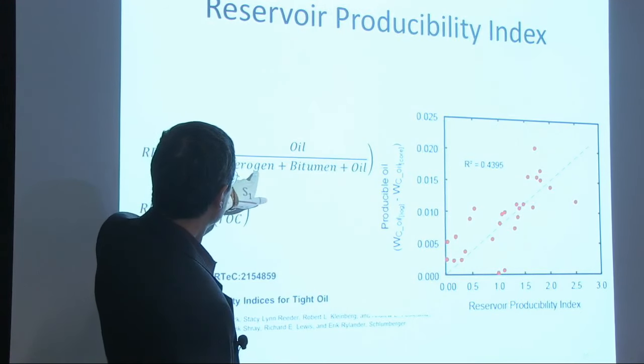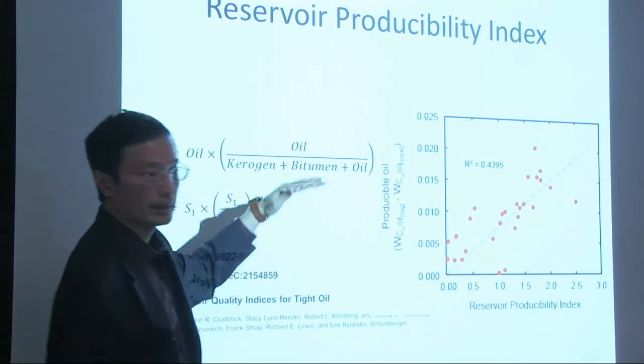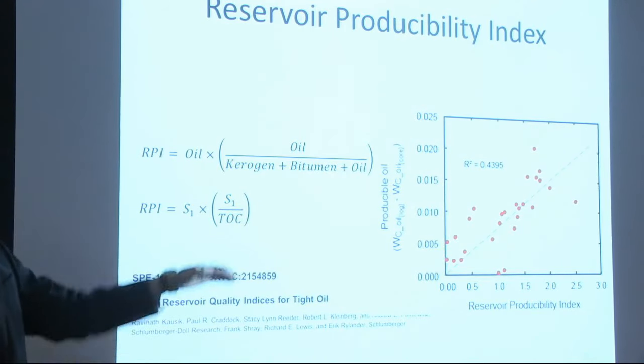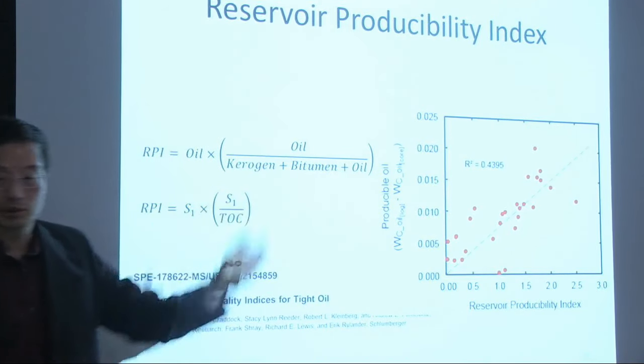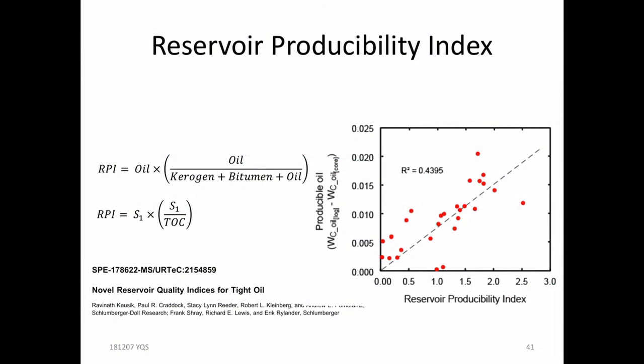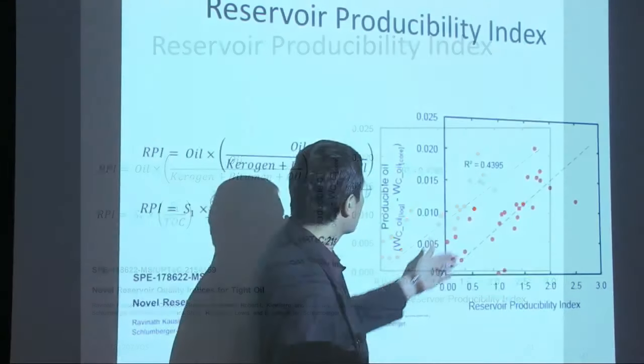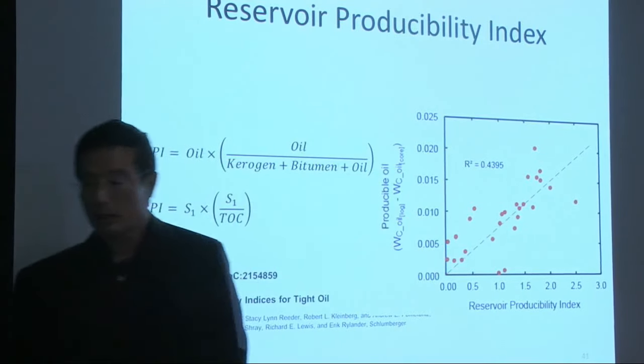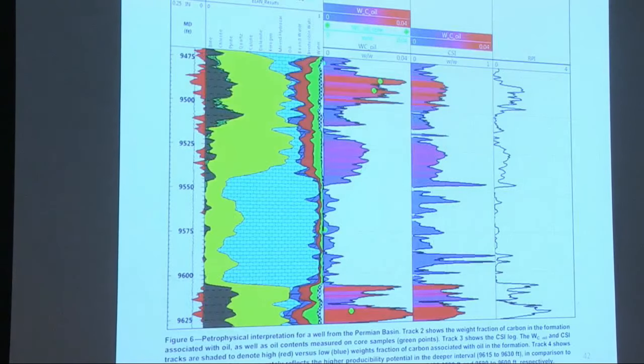So we put the kerogen and bitumen at the denominator, and the oil would be the more desirable factor. So in fact, this is all empirical, but once you calculate the factor, it relates quite well to how well the material produced.